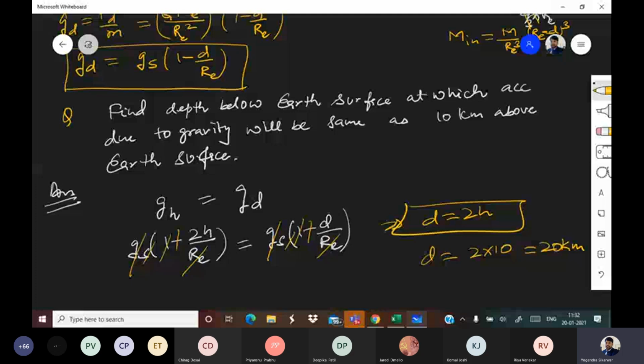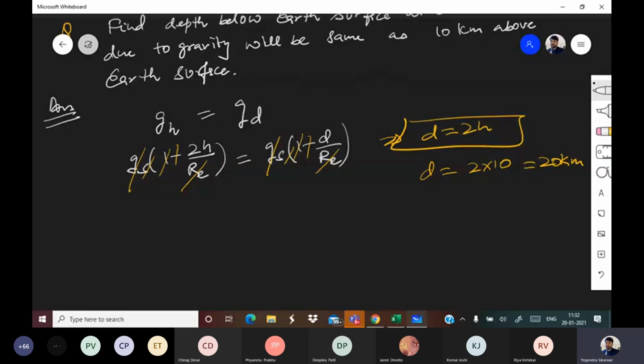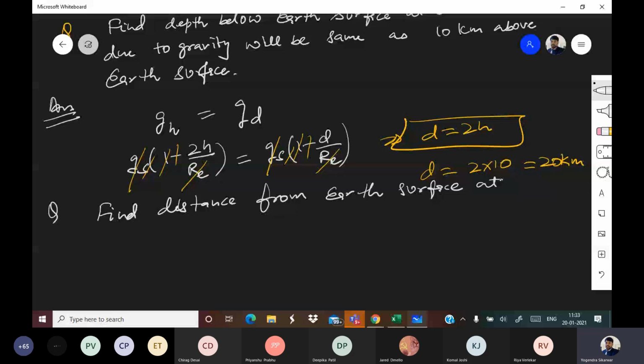All right. Next question. Find the distance from Earth's surface at which the value of g is the same, whether you go above or below Earth's surface.